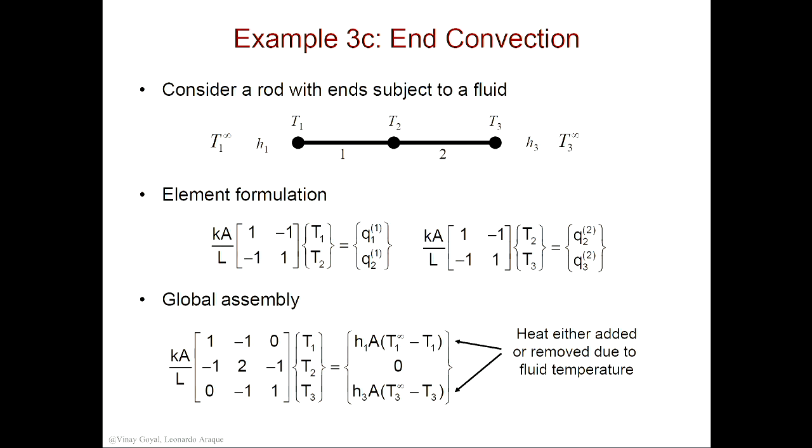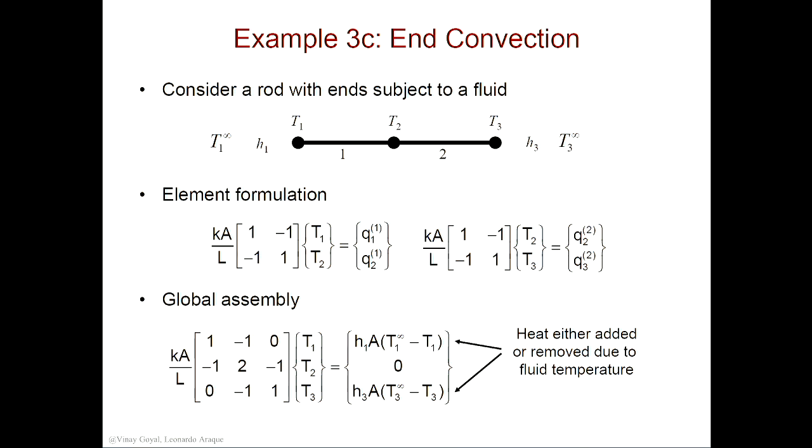And the only difference at this node and this node, and that node, is that I actually have a Q. In this case, that Q is just the film coefficient, the fluid coefficient, times A, and the difference between the fluid temperature minus the temperature at that node. And for this third node, same process.